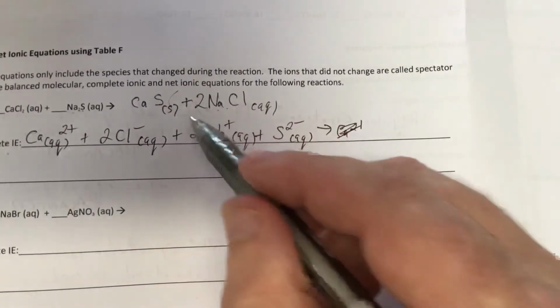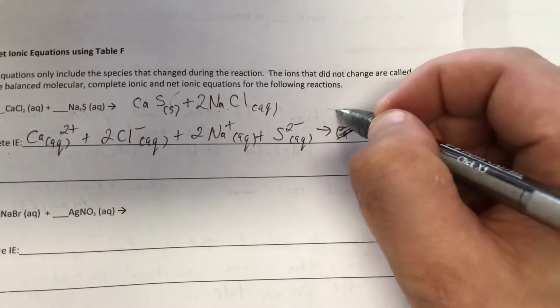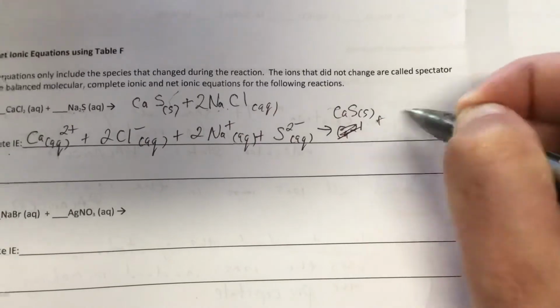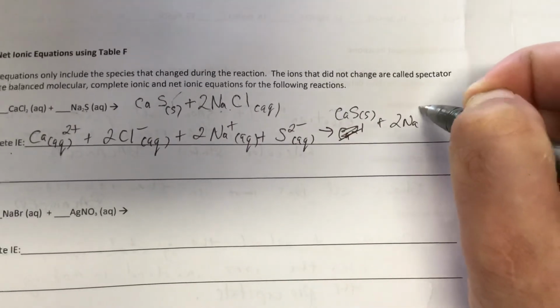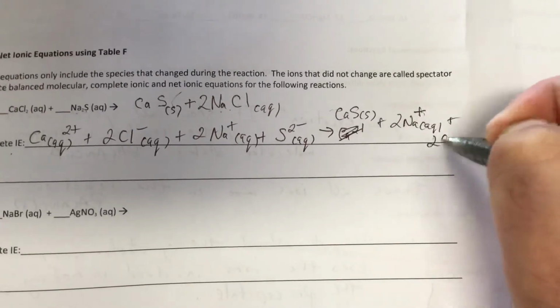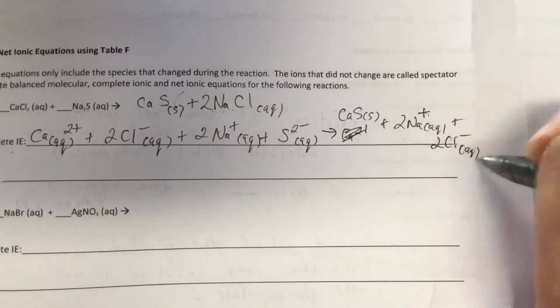So that's a solid precipitate, so we just write it all together. Calcium sulfide, and then plus 2 sodium aqueous plus 2 chlorine minus aqueous.